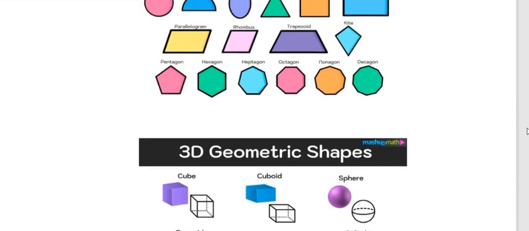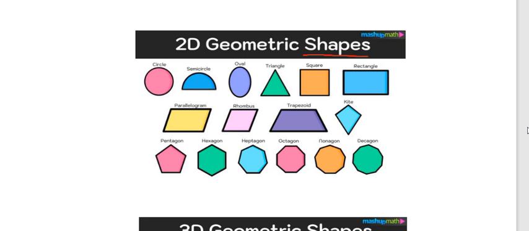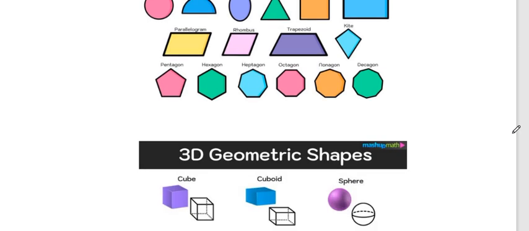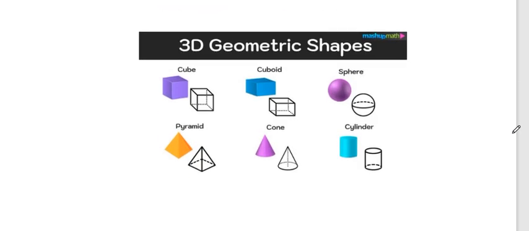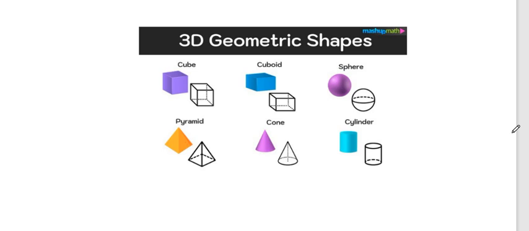For 2D, we have a triangle, square, circle, rectangle, those things, and some polygons. And for 3D, we have a cube, a sphere, a cone, a cylinder, and a pyramid, those things.